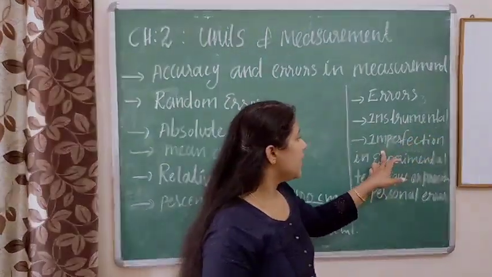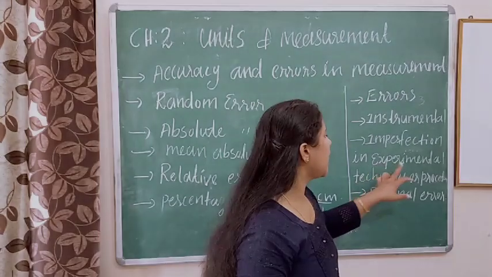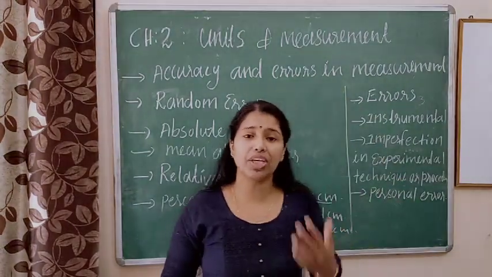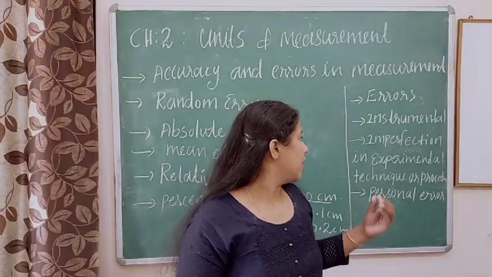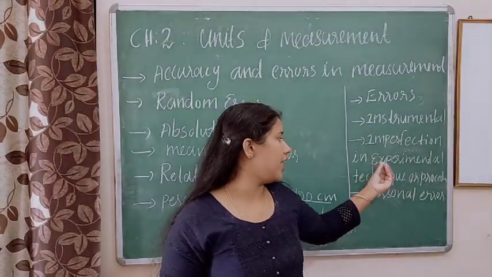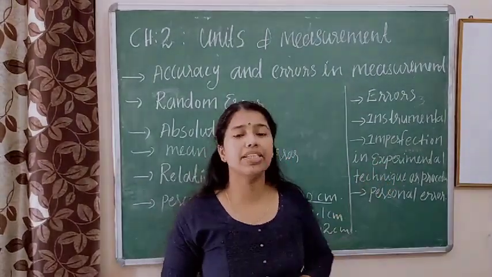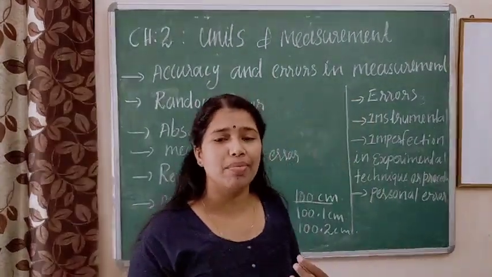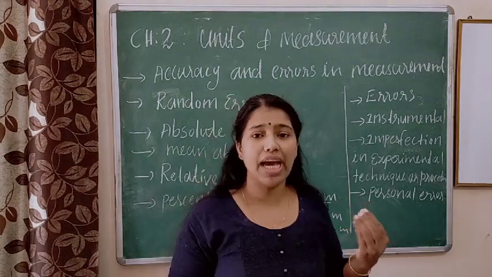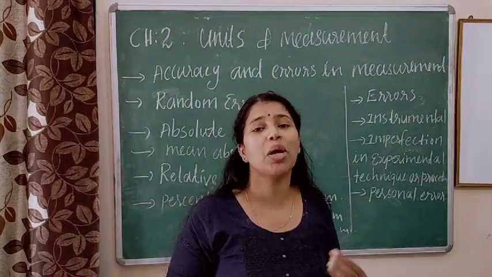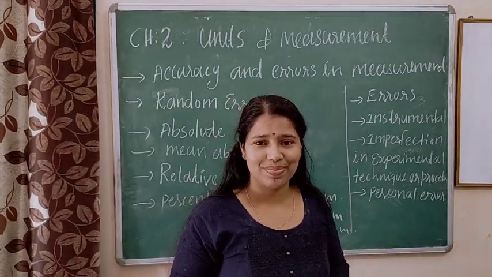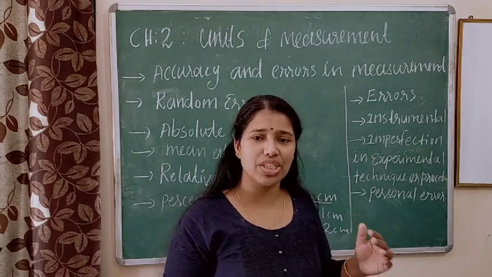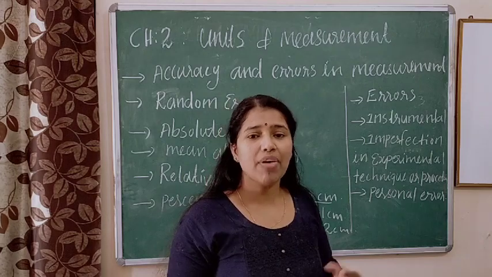Second one, imperfection in experimental techniques or procedure. For example, for measuring fever we use a thermometer. A thermometer is used to measure temperature, our body temperature.